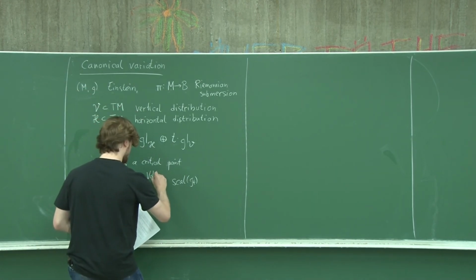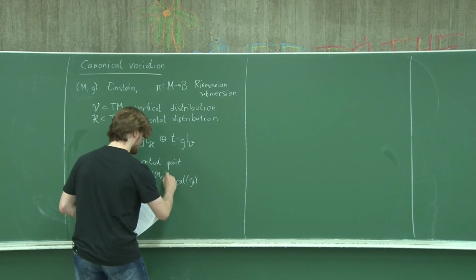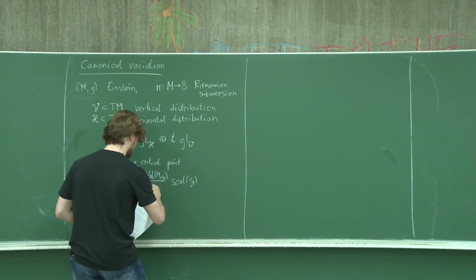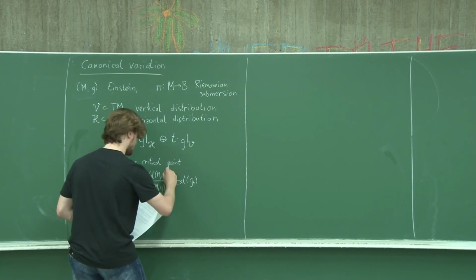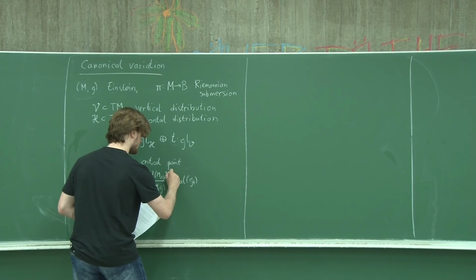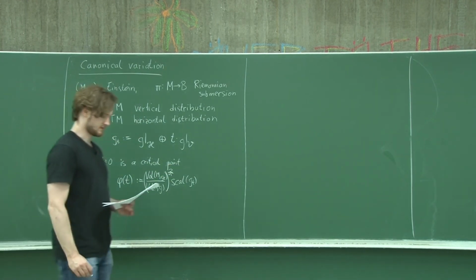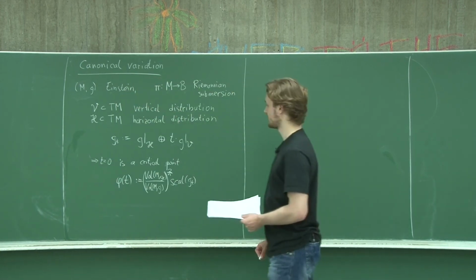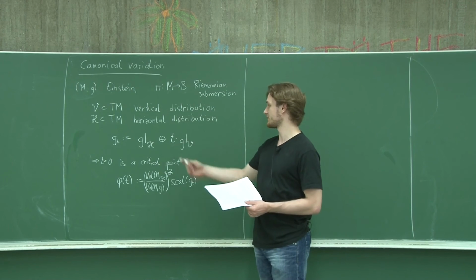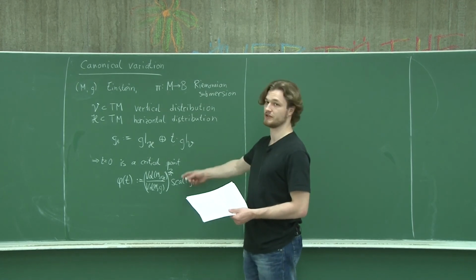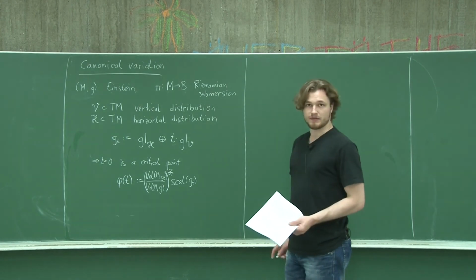So we take the volume of the manifold with G_T and divide it by the volume of the manifold with G, and take this to the power of 2 over n. This is our auxiliary function. And it turns out that our metric G equals G naught is going to be a critical point of that function. So how does that help?